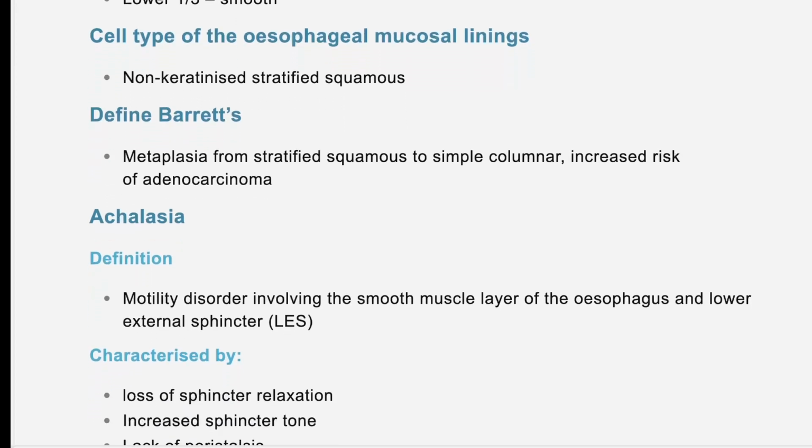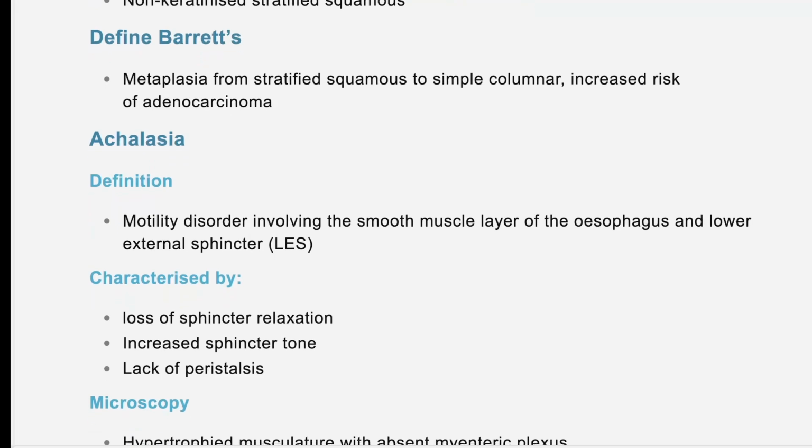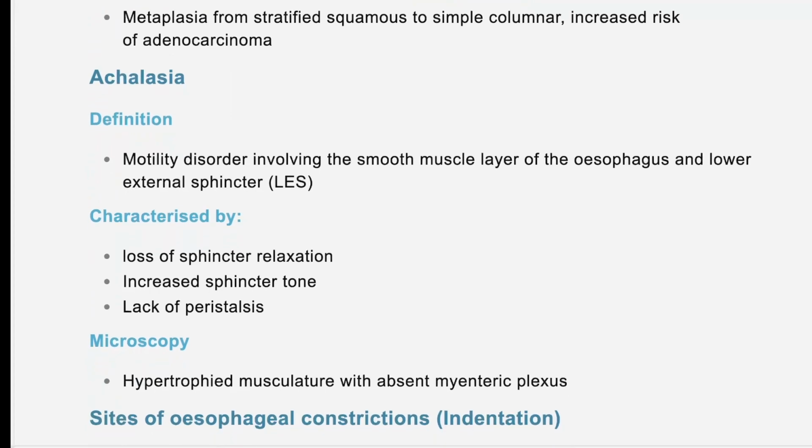Under the microscopy, you will find absence of myenteric plexus and failure of relaxation of the muscles, with hypertrophied muscles as well. The sites of esophageal constriction are the cricoid cartilage, the left main bronchus, the aorta or the aortic arch, and also the left atrium and the diaphragm at the end.